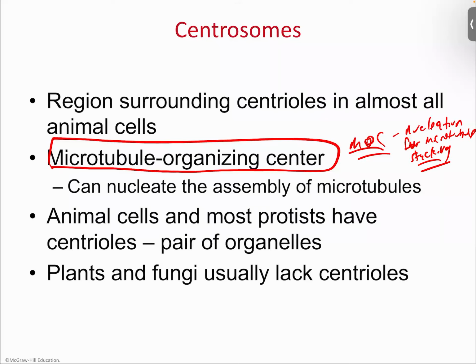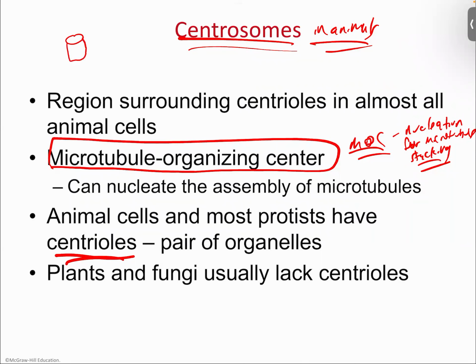So in animals, there's a specific microtubule organizing center called the centrosome. And what a centrosome basically is, is a pair of substructures called centrioles. If you take a look, a centrosome basically looks like this. There's this little drum of microtubules, and there's actually two of them, and they're perpendicular to each other.